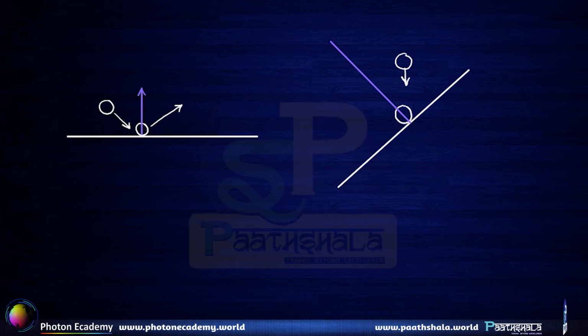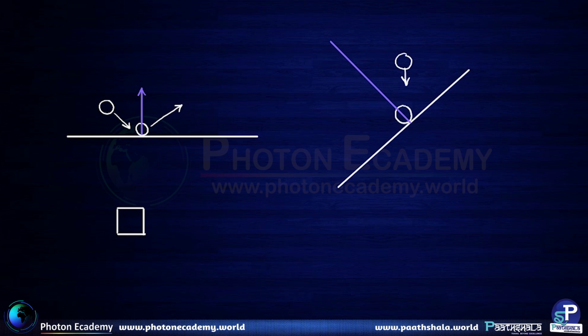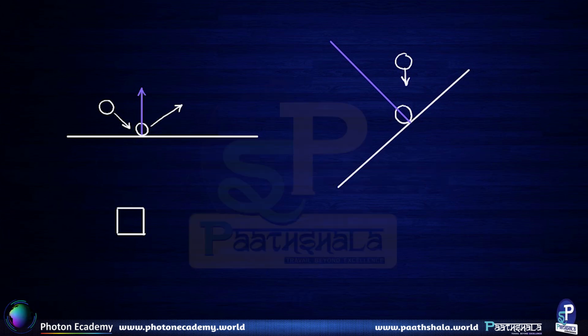So let us say there is a square like this. Let us say there is a square, and let us say a hexagon shaped object comes and hits the square. So let us say this object comes and hits the square over here.